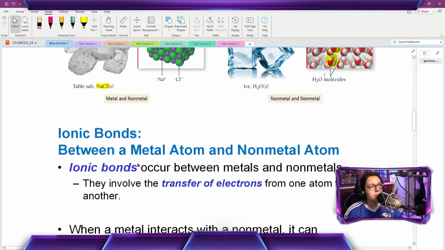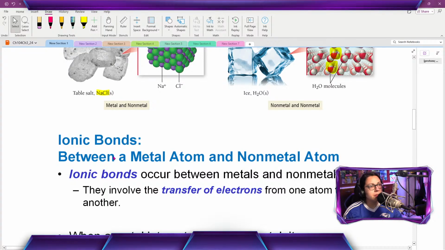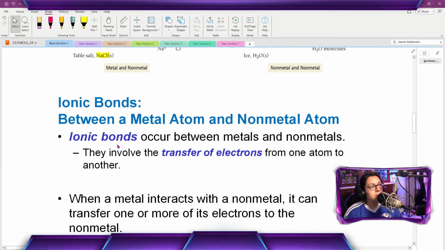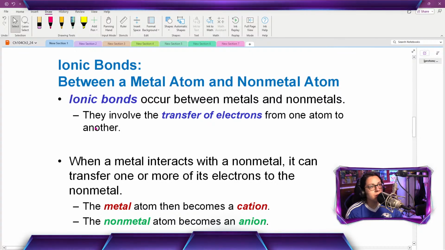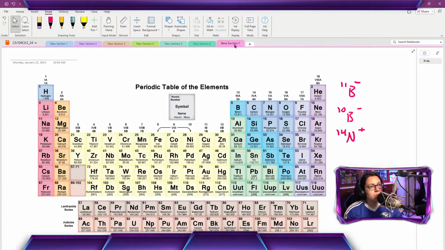Now let's start taking a deeper look. We have ionic bonds. An ionic bond occurs between a metal atom and a non-metal. So that means it's something from this side of the periodic table in general. This is your standard group 1, group 2 metal complexes.